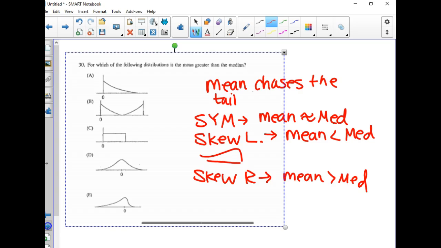So which distribution here is skewed right? Yeah, A is skewed right. B is symmetric, so they're going to be equal. C is symmetric, they're going to be equal. D is symmetric, they're going to be equal. And E is skewed left. Wherever the tail is, that's the side that the skew is. Questions?